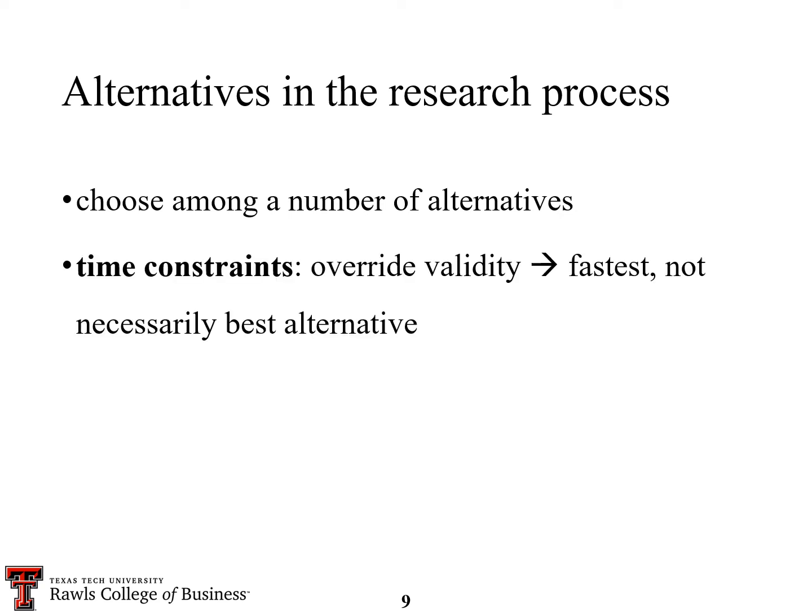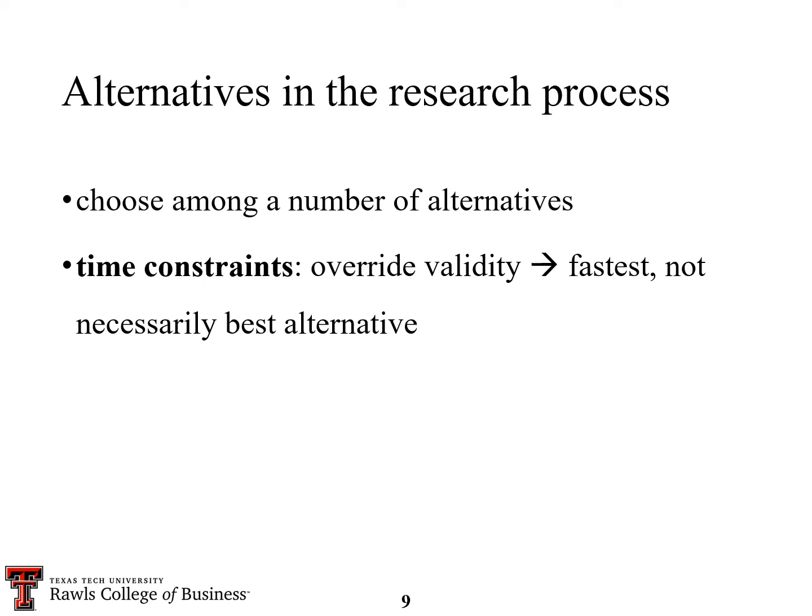Some alternatives in the research process, and these are really important because they have an influence in how the research is going to be conducted. We have to choose from a number of alternatives in terms of what type of research we want to conduct, the method that we want to use, and how much time and money we want to put into our research.